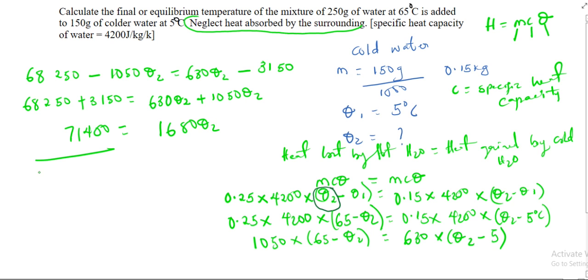You divide both sides by 1,680. Let's cancel this. So 71,400 divided by 1,680, that's 42.5. So theta 2 is equal to 42.5 degrees Celsius.